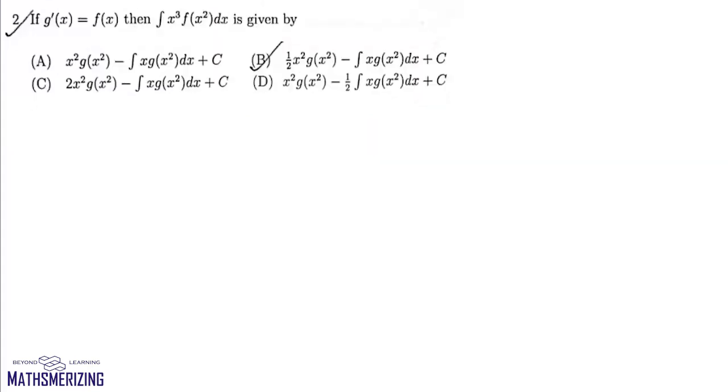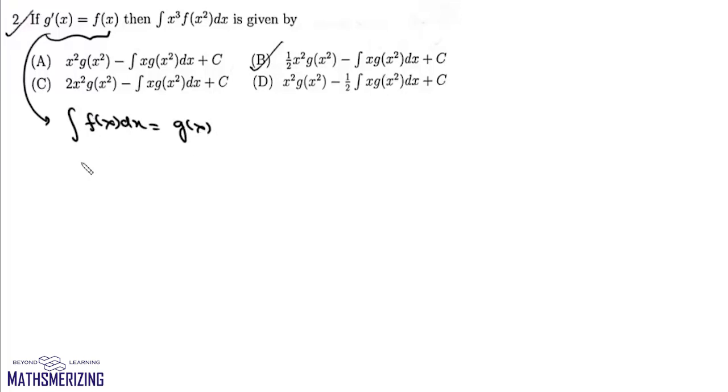Now question number 2 is, we are given g dash x equals fx, we need to find this integral x cube into fx square dx. Now if g dash x equals fx, we can write the integral of fx dx as simply gx.